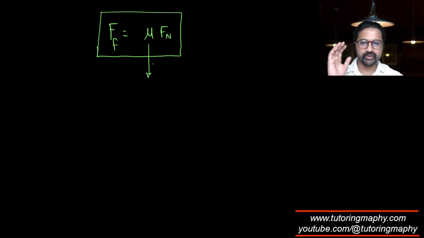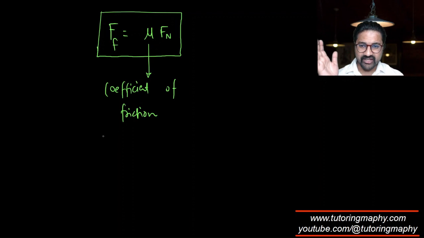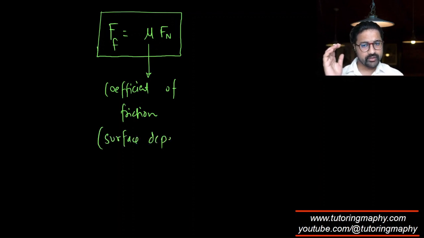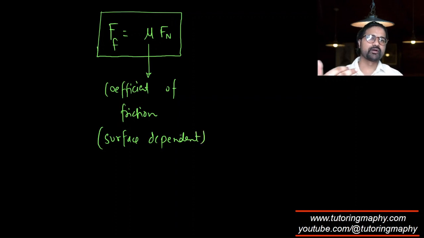By the way, what is mu? Mu is the coefficient of friction, which is surface dependent. So don't worry about this. It will be given in the question. Let's say the block is on sand, this is the mu. Block is on a smooth floor, this is the mu.